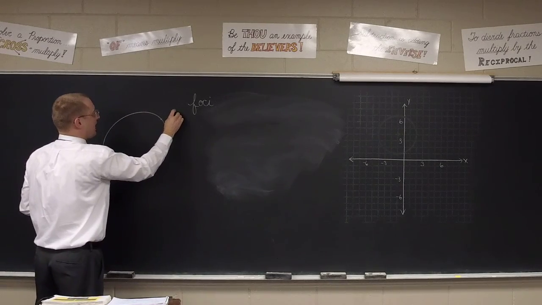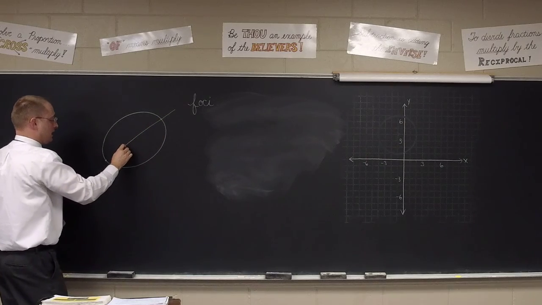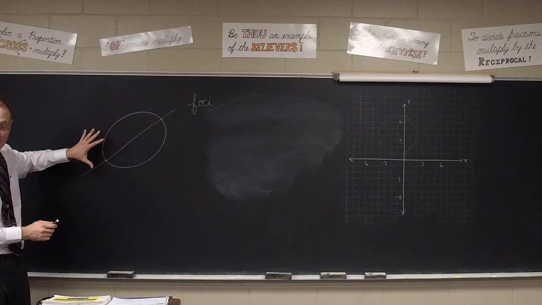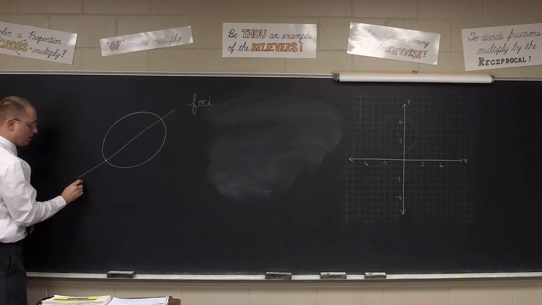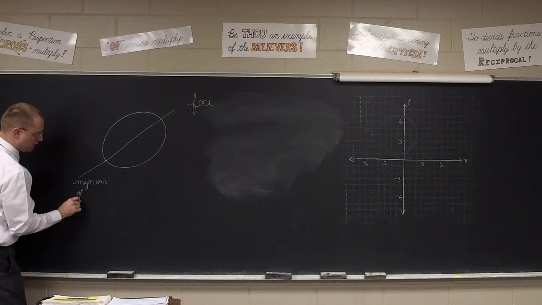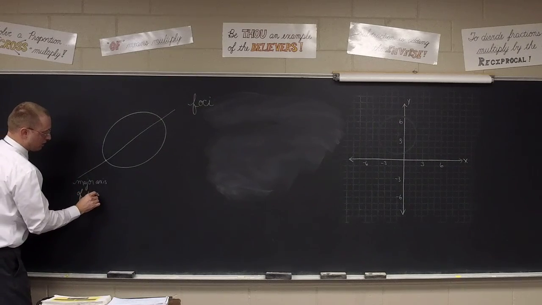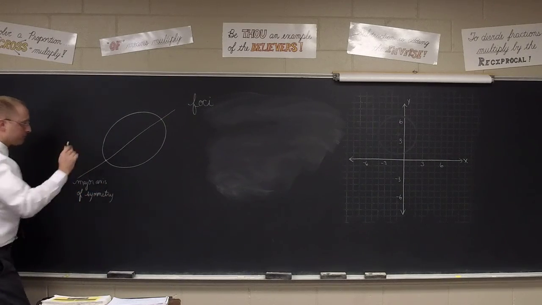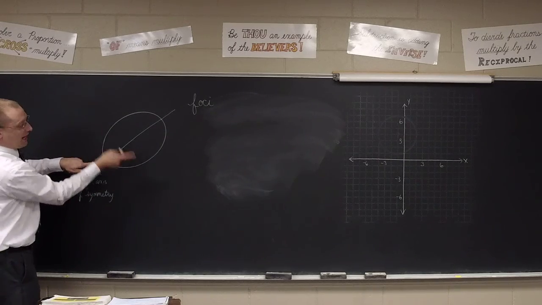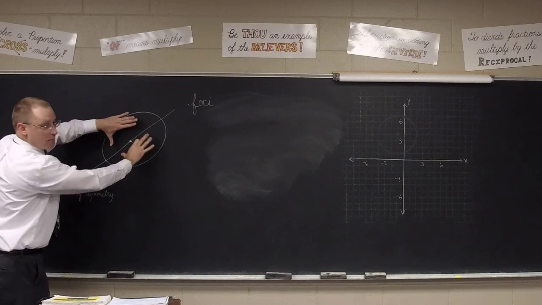If we were to run a line through these 2 points, we could refer to this line as the major axis of symmetry. The major axis of symmetry. You realize a perfect ellipse, then, you could spin around this line. It's going to be the same on both sides.